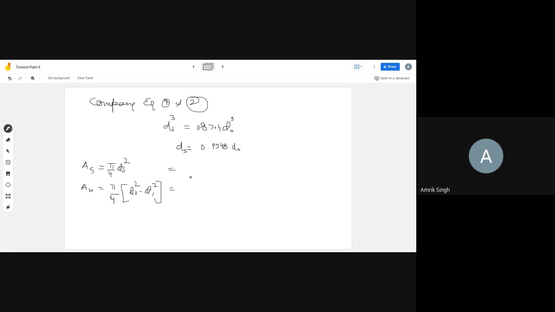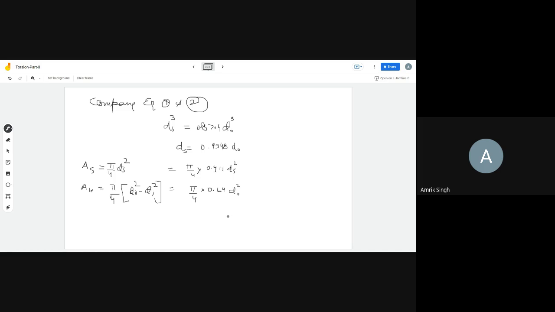So if you compare them, area of the hollow shaft will come pi by 4 into 0.64 DO square, and this will become pi by 4 into 0.9548 DO square.